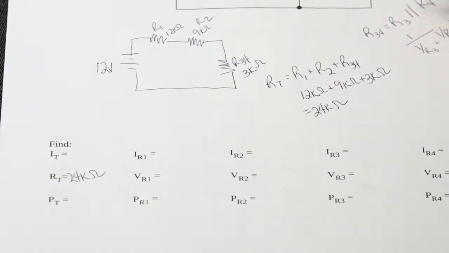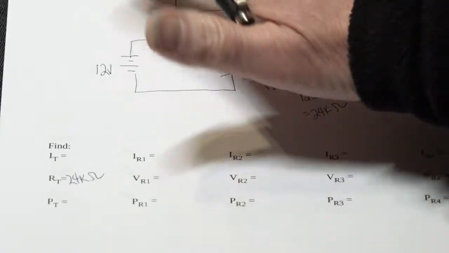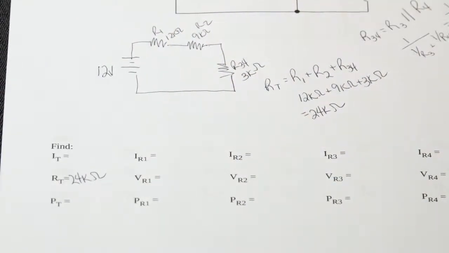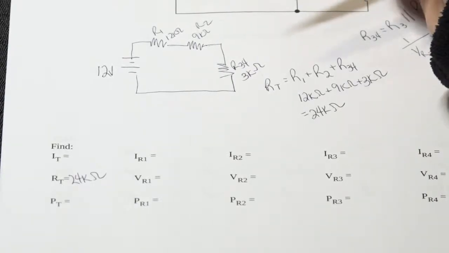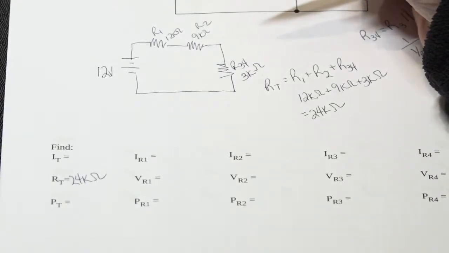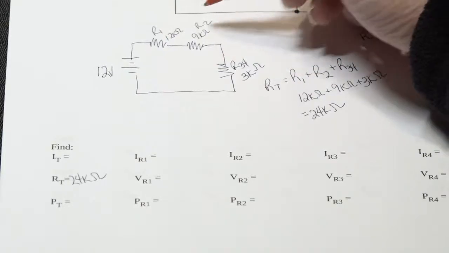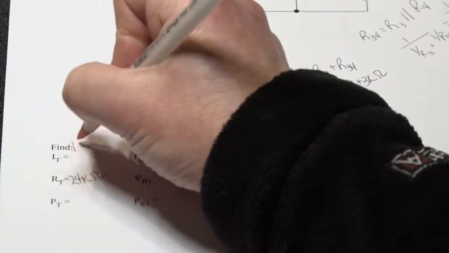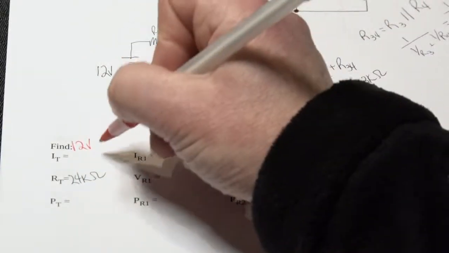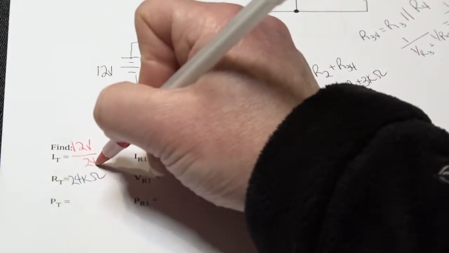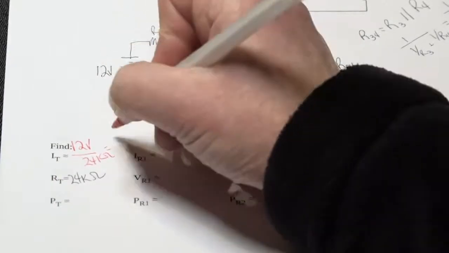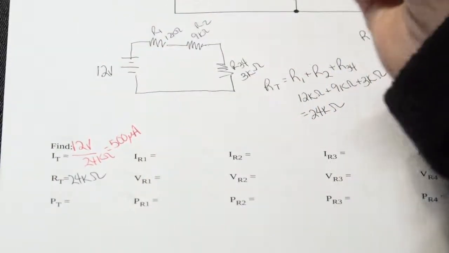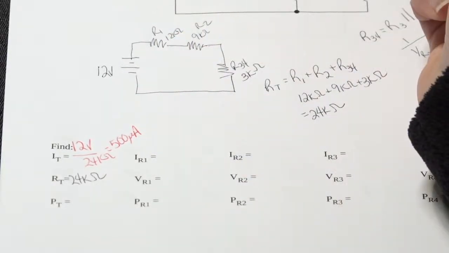We can write that down, and because we're just going to look at this circuit, we're not going to look at the whole thing yet, just this circuit, and do an analysis of it. So we find our total current by taking 12 volts divided by 24K ohms, and that gives us 500 microamps, not milliamps, but microamps.